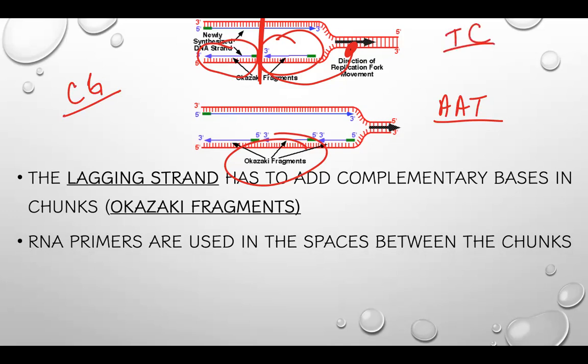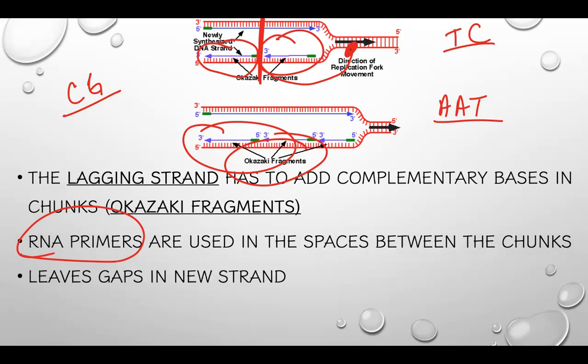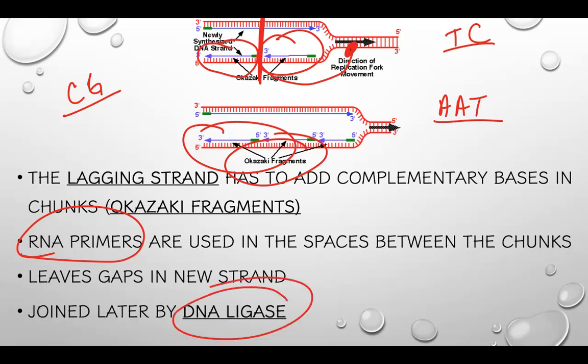You can add these chunks that are complementary to the strand, and any spaces in between these chunks, you use something called an RNA primer to hold the place while you're adding the complementary bases. So the RNA primers are going to fill the gap, but eventually they're going to have to be replaced, and those are joined later by an enzyme called DNA ligase.